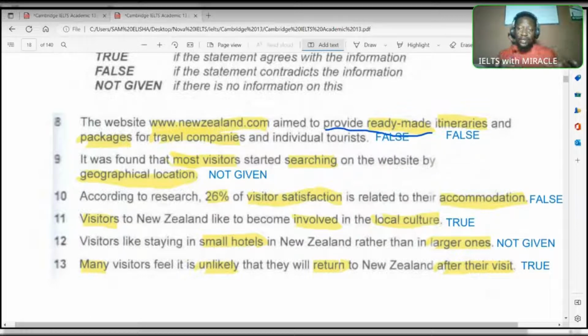But the moment I notice a contradiction, like the one noticed in number 8 and number 10, then my answer will be false. You must see the contradiction, the opposite. Then the moment I notice that one or more of the keywords in the statement is not found in the passage, then my answer will be not given.